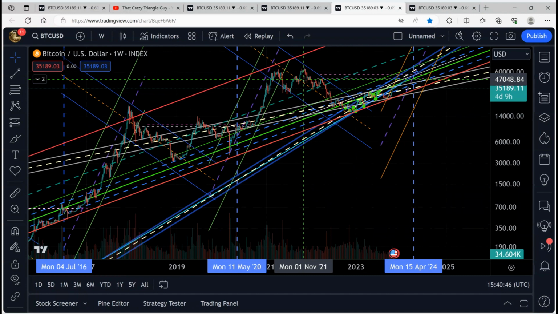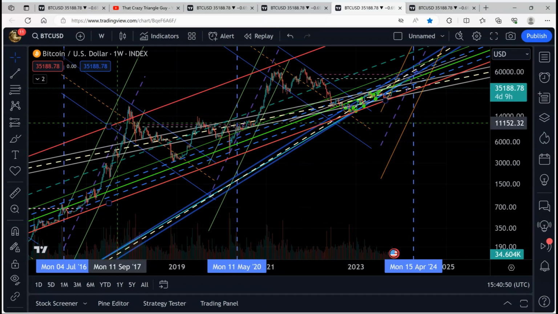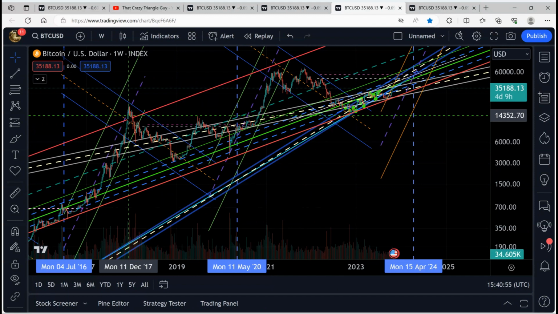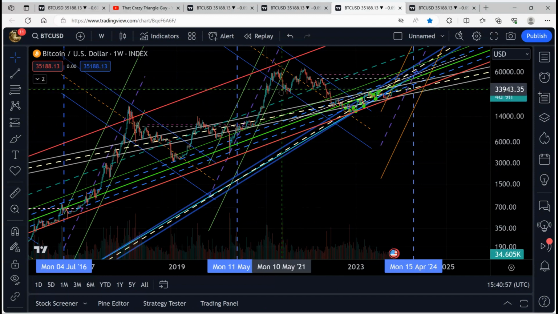This cycle around, and these have all been 4 years apart, December 2017. However, April of 2021, where we had our first high here, wasn't 4 years later, it was only 3.5 years later.